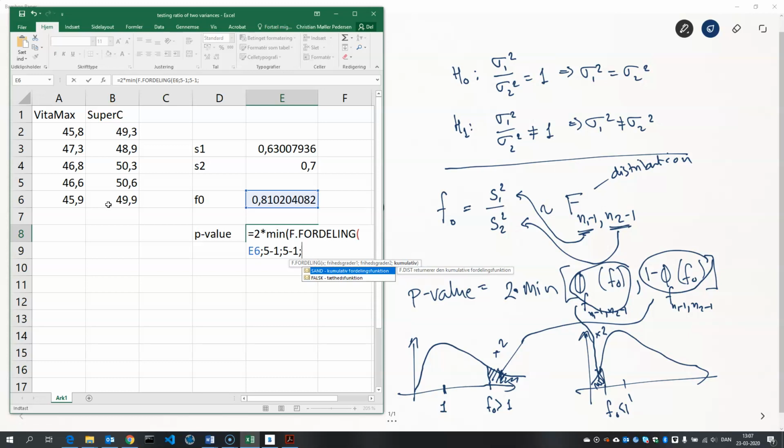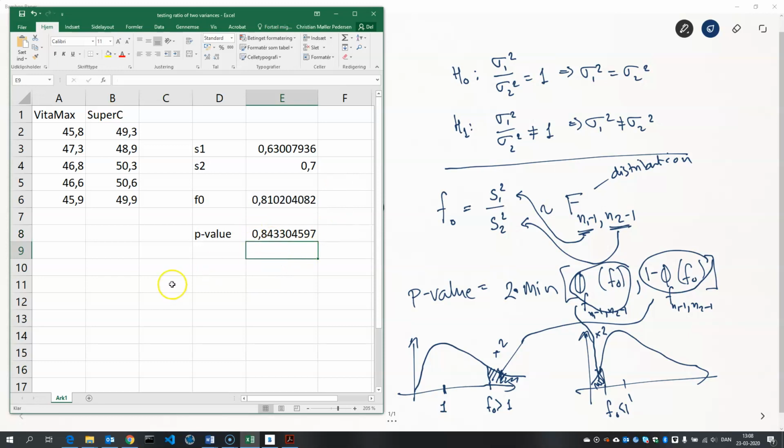And we choose true, or in Danish sand, to get the cumulative distribution function. So that was this number here. Now we need this number, which is almost the same, except we have 1 minus. So I'll take a copy of this formula here and paste it into this one here, and then close the bracket.